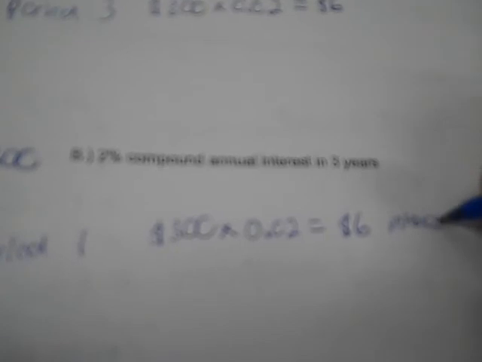So we start the same way, 300 times, I take my 2 divided by 100, that's 0.02. That's the same as it was above, 300 times 0.02 is 6. So $6 interest. By the way, I should have written that on here too, interest.